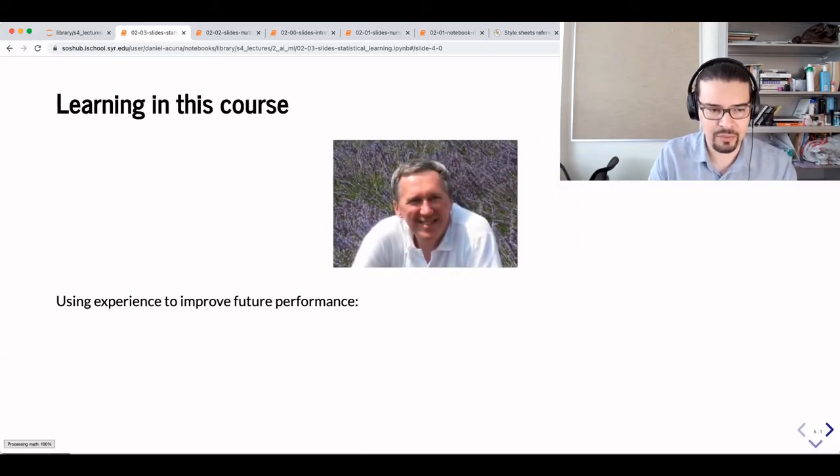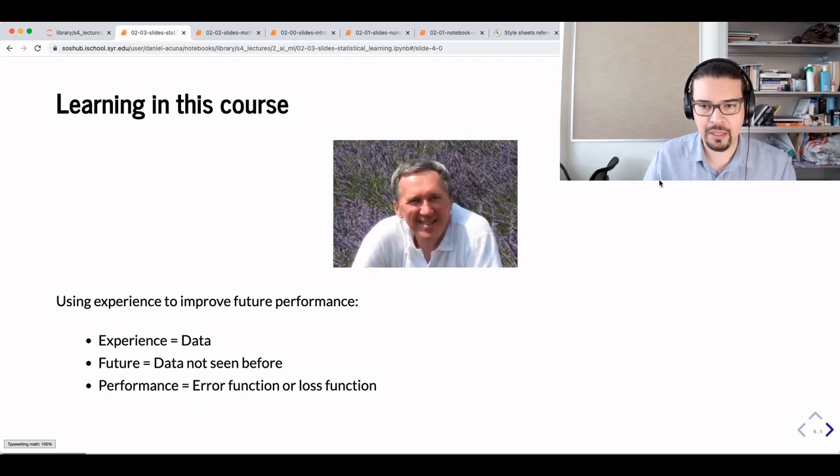My favorite definition of learning is from the head of the machine learning department at Carnegie Mellon, and he says that learning is basically using experience to improve future performance.